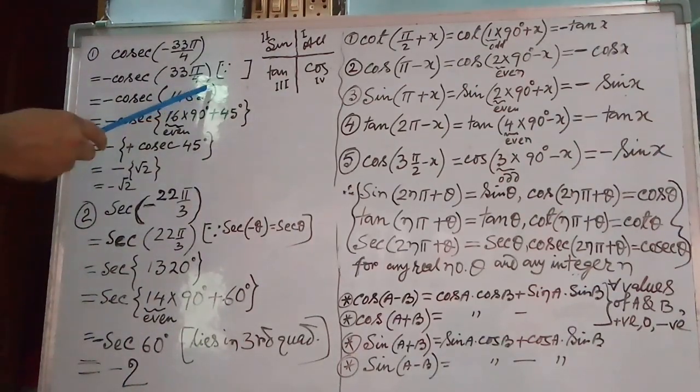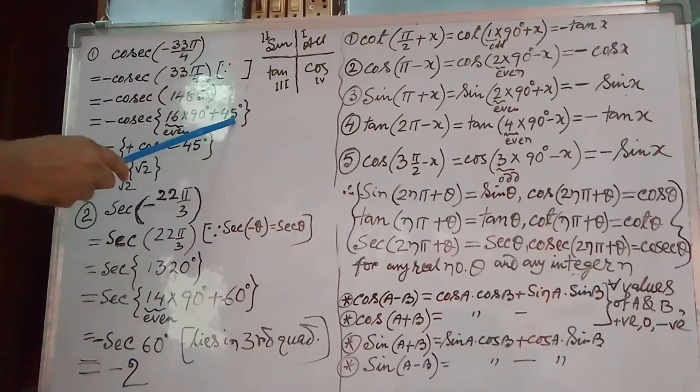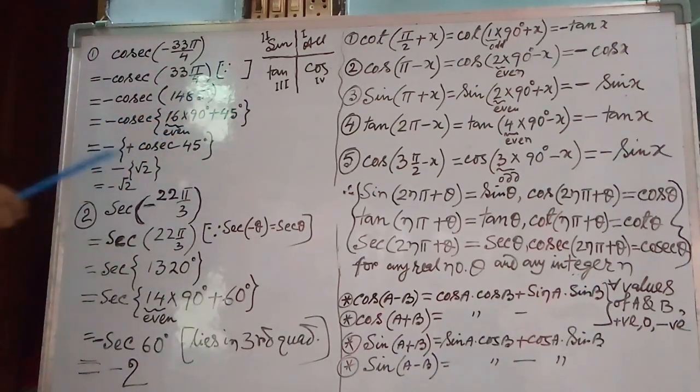You have to write this angle, 1485 degrees, in the multiple of 90. So 1485 can be written as 16 into 90 plus 45, that is 16 into 90 degrees plus 45 degrees.